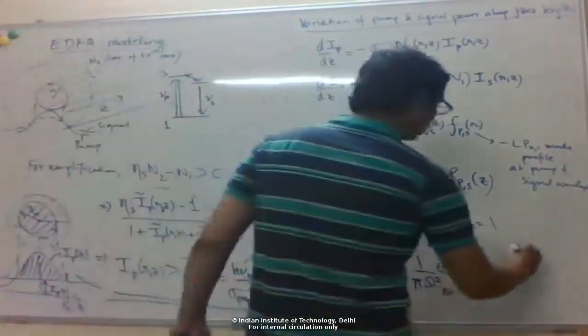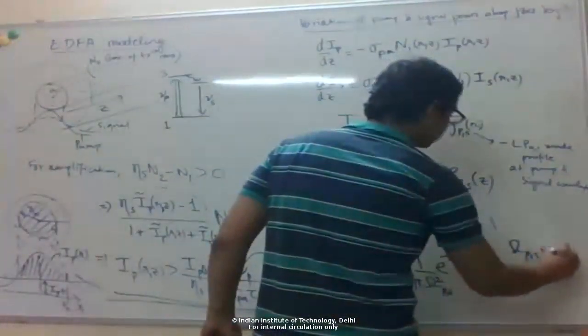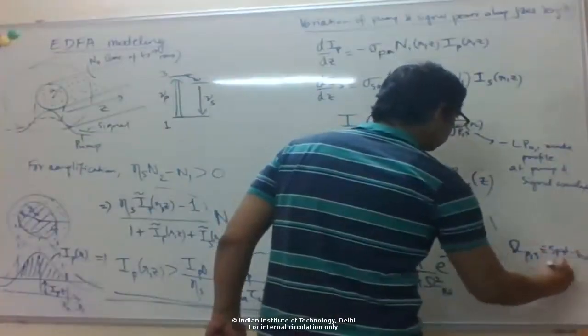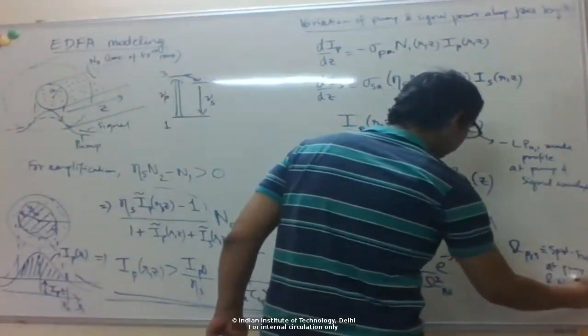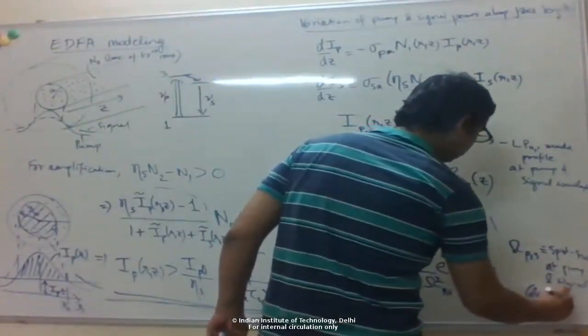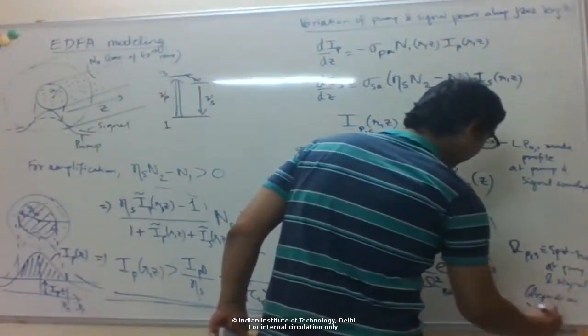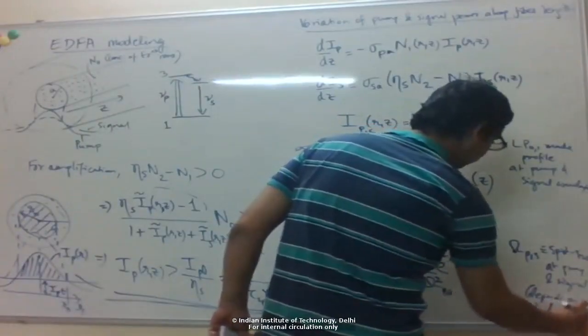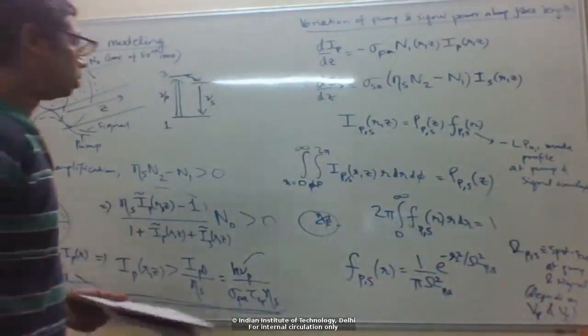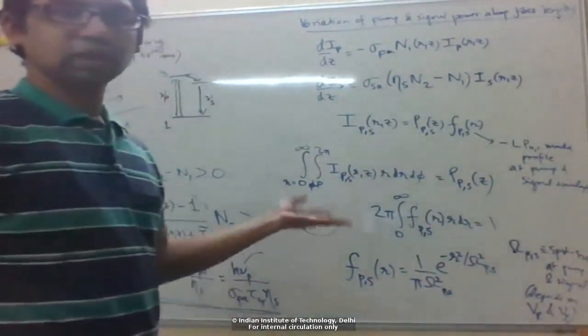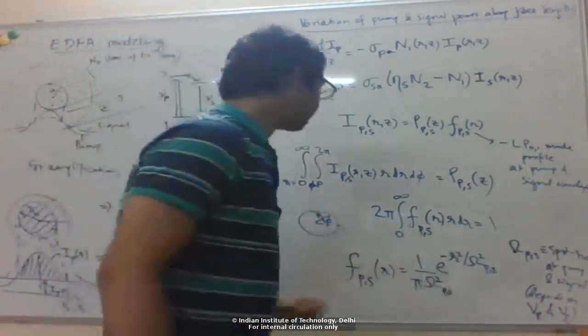So omega_p is the spot size, which depends on the V number at the pump and the signal. We had approximate expressions for the spot size in terms of V number.